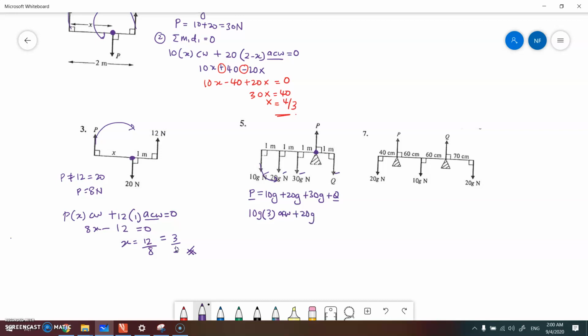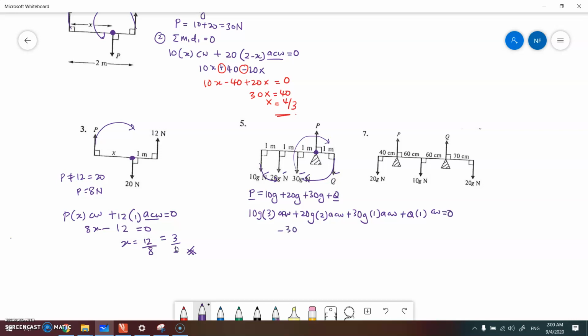And then you have 20G, distance is 2, anti-clockwise. And then you have 30G, distance is 1, anti-clockwise. And then you have Q, distance is 1. You move here, so it is clockwise, equal to 0.